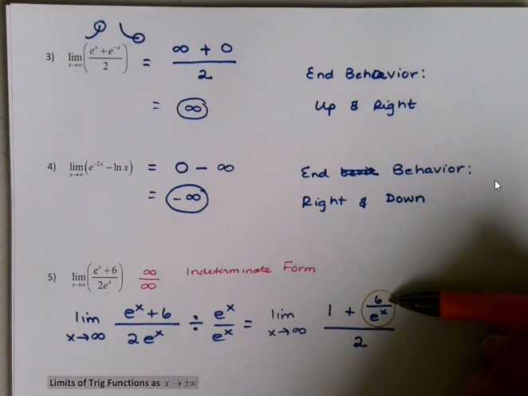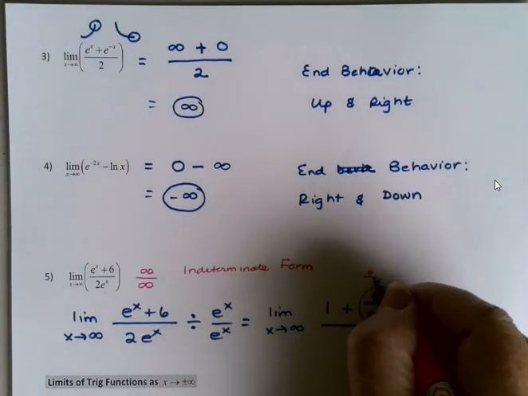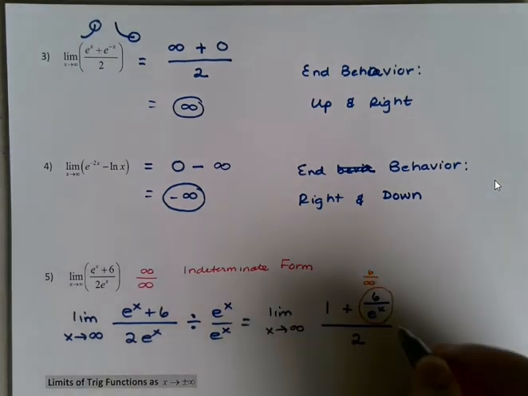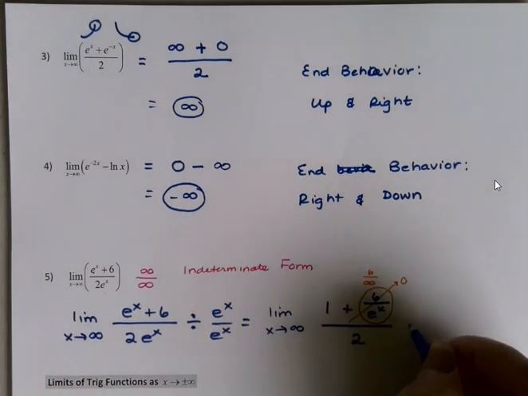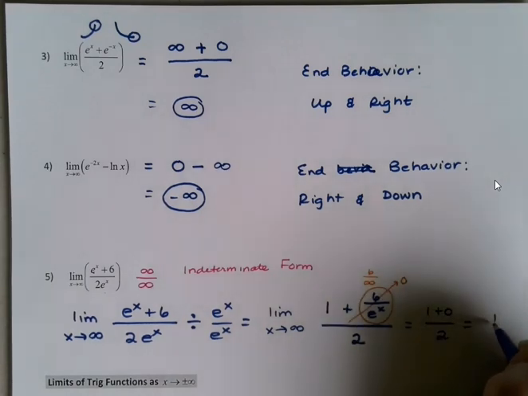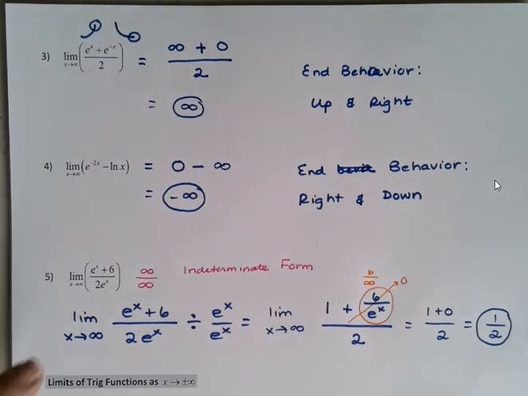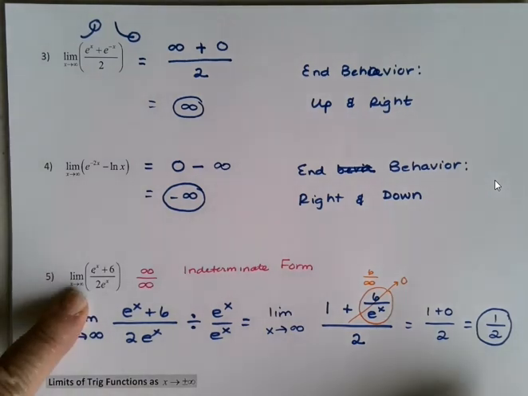Well, that's a constant divided by something infinitely large, right? So that's like 6 over infinity. That's going to go to 0. So I just end up with 1 plus 0 over 2, or 1/2. On the right-hand side, we get a horizontal asymptote at y equals 1/2.